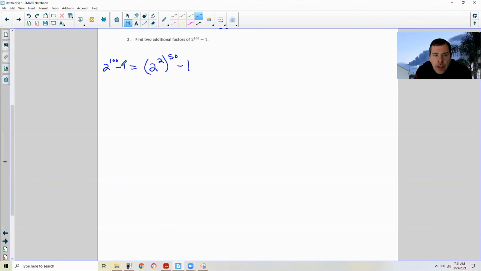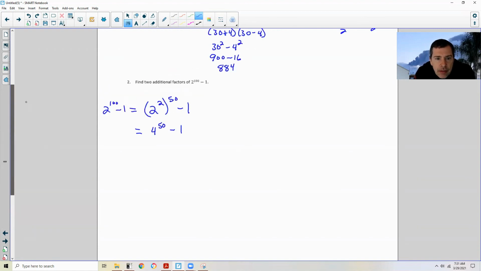So 2 to the 100 minus 1 equals 2 squared to the 50th minus 1. Now I can just say, well, 2 squared is 4, so 4 to the 50th minus 1 is equal to this. So then we have to discuss something here for the next step.